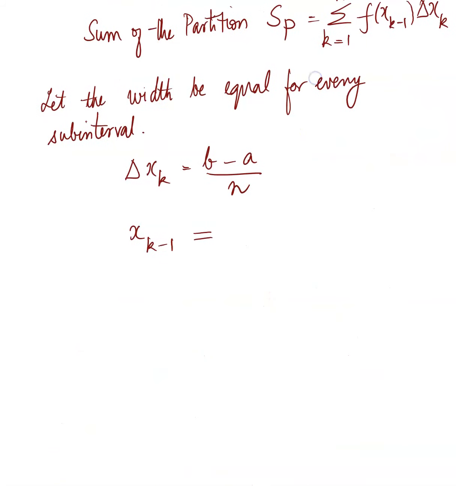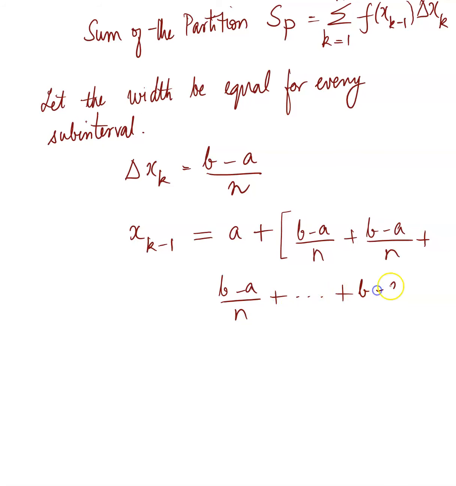So xk minus 1 will be a plus k minus 1 times b minus a over n. Okay, why? Because I'll just explain that here, and then simplify it. b minus a over n plus b minus a over n plus b minus a over n. This is what's happening.